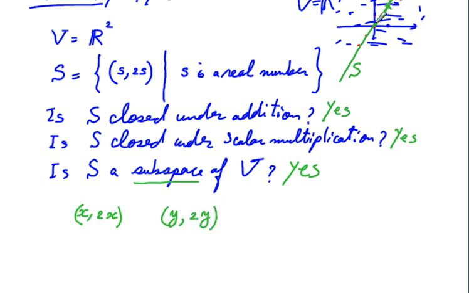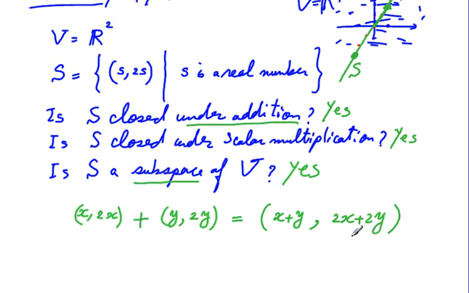One could be here and another one here. The question is, under addition, do I stay inside the set? Let's add these and see what we get. The first component is x plus y. The second component is 2x plus 2y.